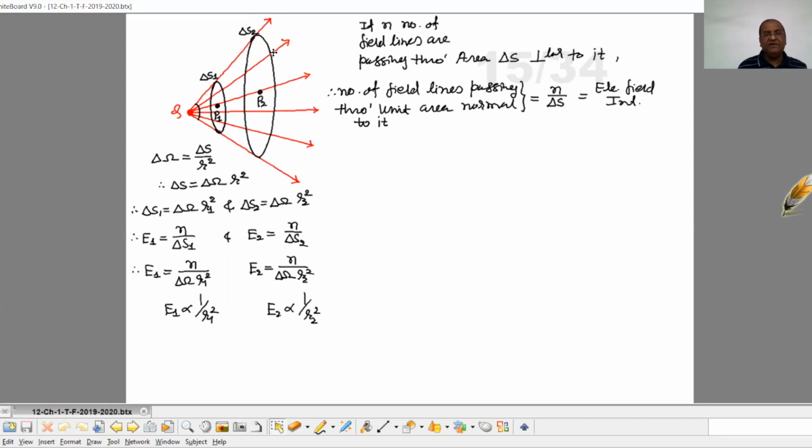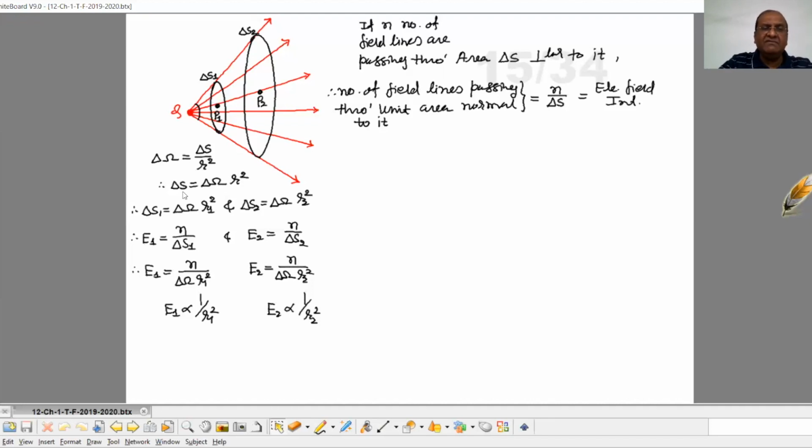Now, if we think about the angle subtended by these surfaces at the position of Q, that will be the solid angle, because electric field prevails in all the directions. As per the definition of solid angle, it is equal to surface upon radius square. Radius means we have to take the distance from Q to P1 and Q to P2, the distance of that surface from the position of the source charge.